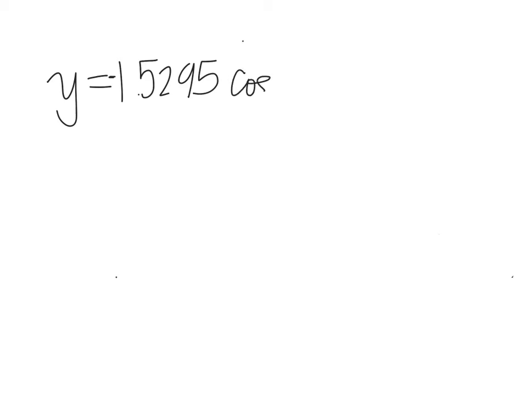So we'd have y equals, and we know it's going to be negative cosine because we started at our min. So 1.5295, that's our amplitude, and we want it to be negative. Cosine 2 pi over 2.5806 is our b, and then x.